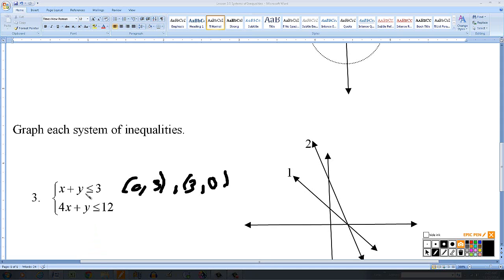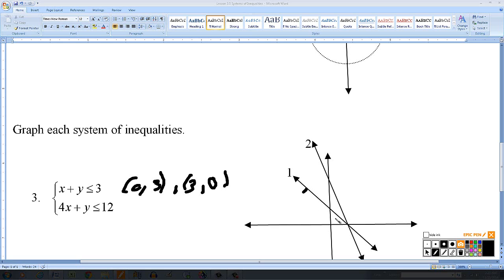Okay, so then I had to decide for that one, what region would I shade? Again, either above or below. Well, if I select the point 0, 0 as my test point, I would get 0 is less than or equal to 3. That would give me a true statement. So that means for the first boundary, I would shade below the line.